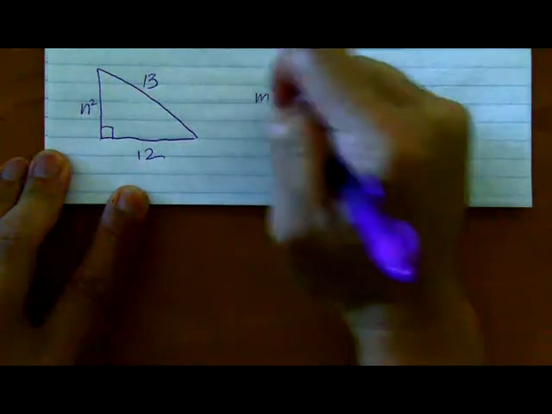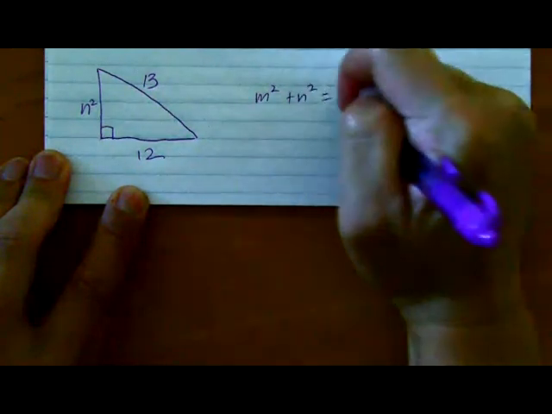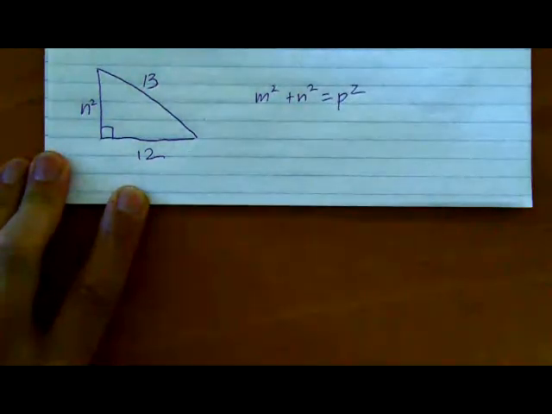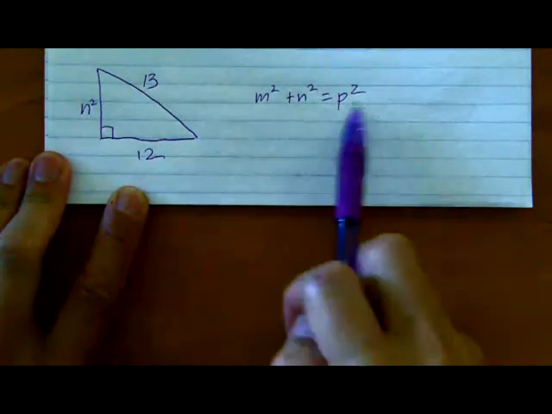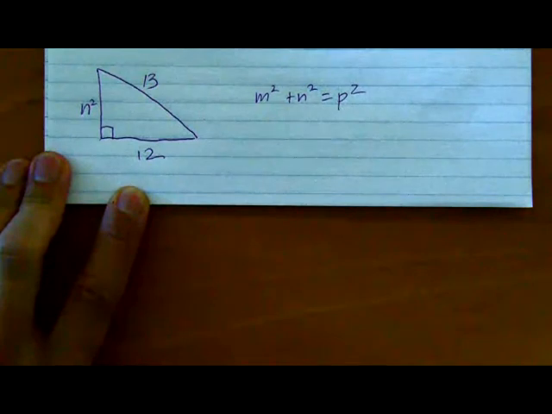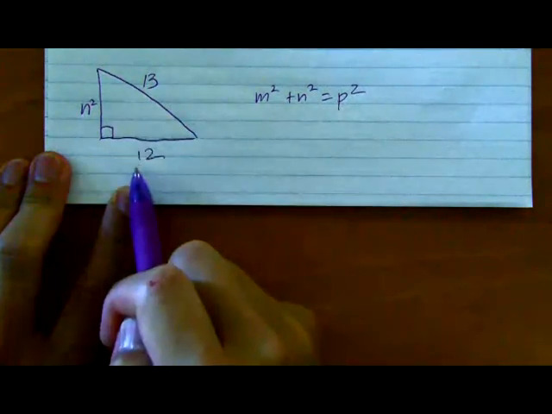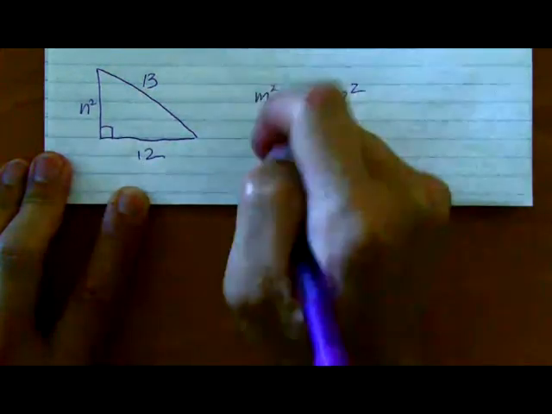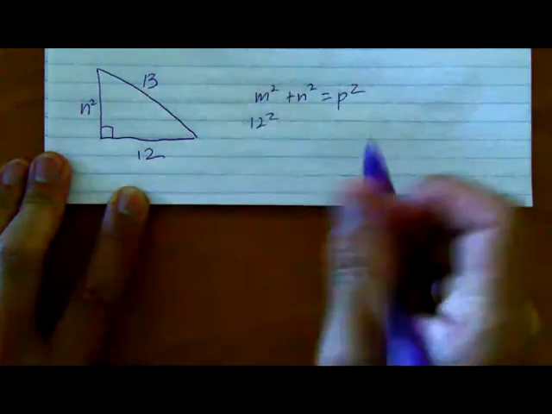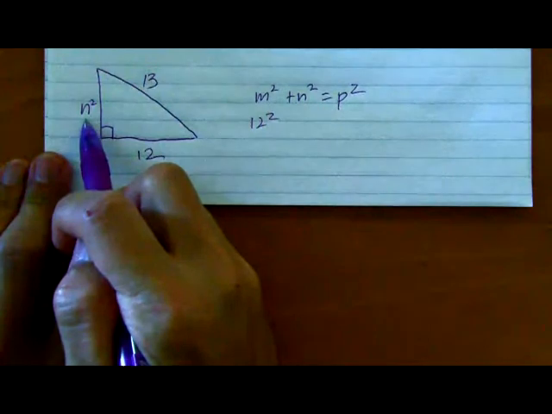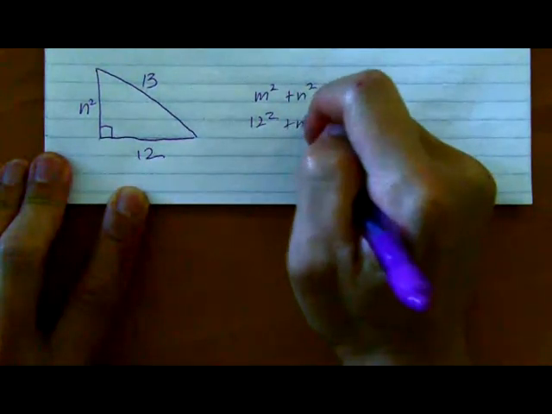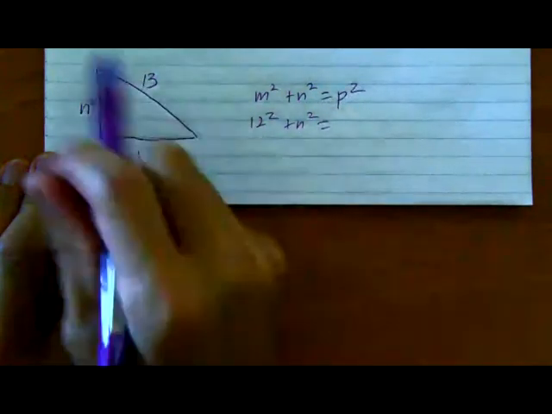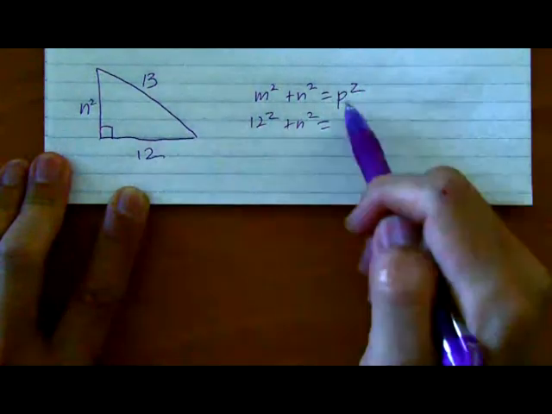M squared plus n squared equals p squared. These are your legs. This is your hypotenuse. The 12 is a leg. It's one of the two short sides. N is another leg. We don't know, so I'll just leave it, n squared. 13 is the longest side of the right triangle. That goes in place of p.